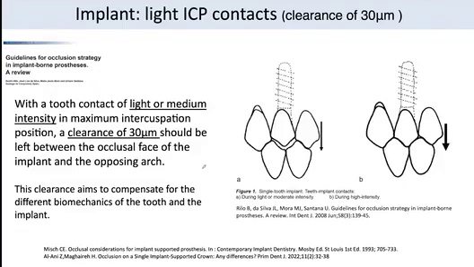It is a classical law now from Misch, 1993, who explained how to adjust a single crown on an implant, specifically in ICP.